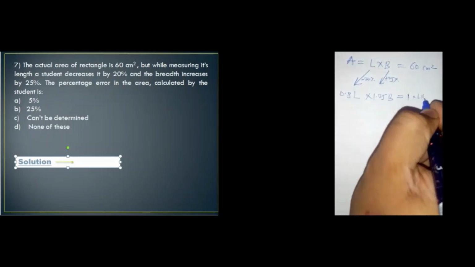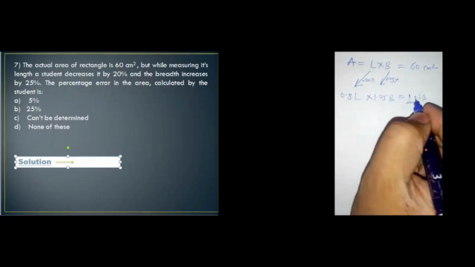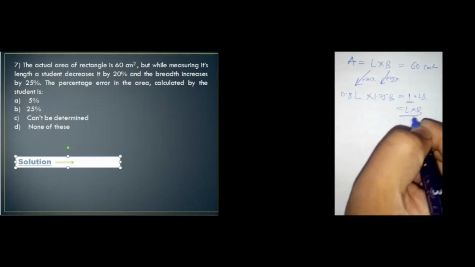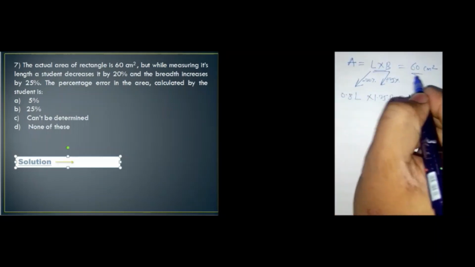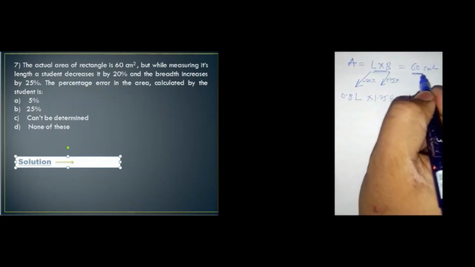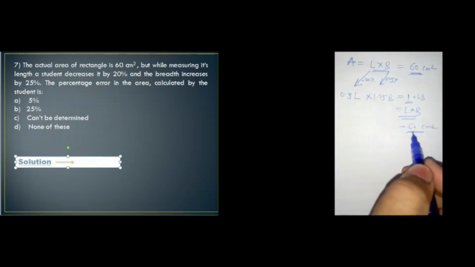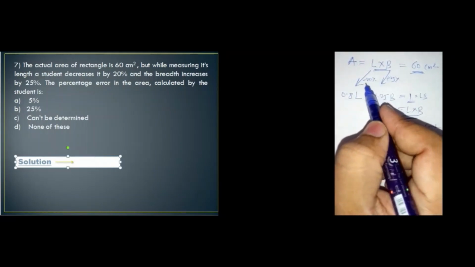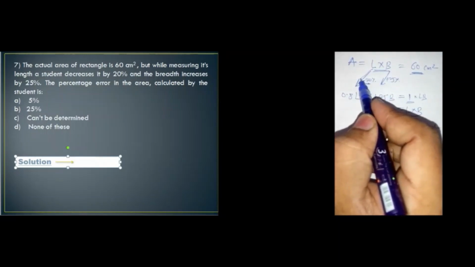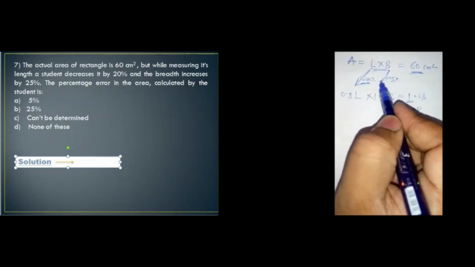So 1 LB, that means it can be written as L into B, and L into B is already 60 centimeter square. So the area will remain the same. Whatever the original area was, 60 centimeter square, the new area is also going to be 60 centimeter square, because whatever decrement happened while measuring the length has been taken care of by the increment in the breadth.